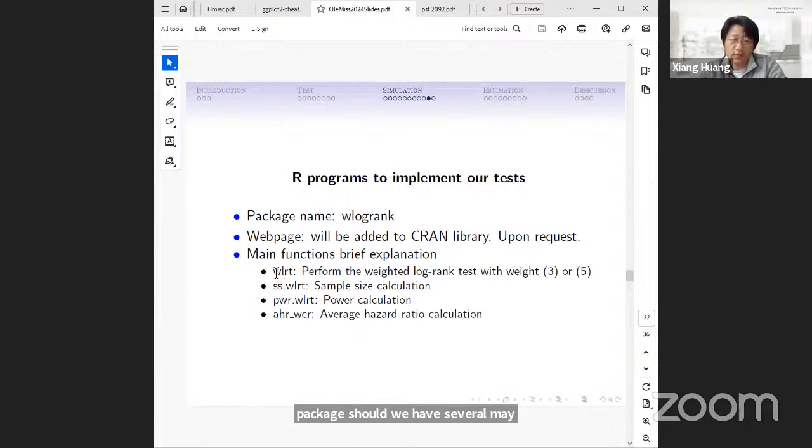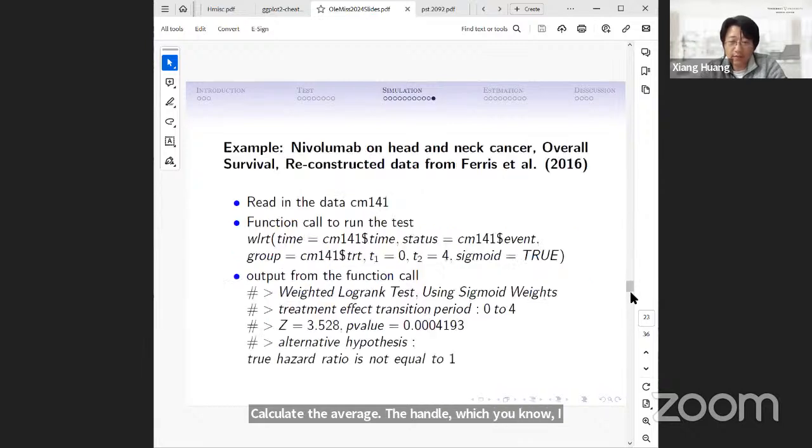One is to perform our proposed weighted log-rank tests. We can also use a function to do the sample size calculation and the power evaluation. And there's another function to calculate the average hazard ratio, which I may not have time to discuss in this talk.